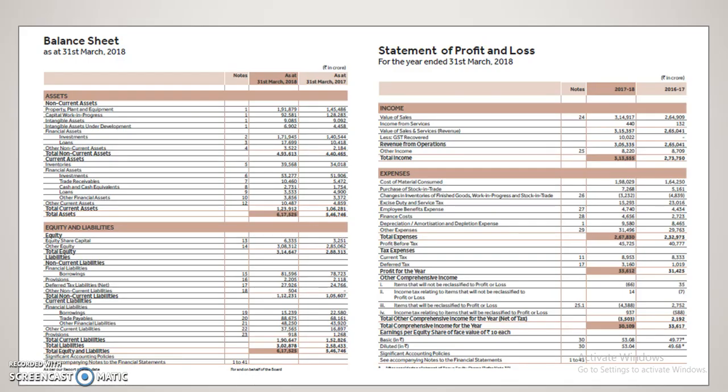Okay, so the basic format. As I said earlier, there is no defined format, but the format that I am presenting here belongs to a company called Reliance in India. This is in Indian rupees. Here you can see the balance sheet.